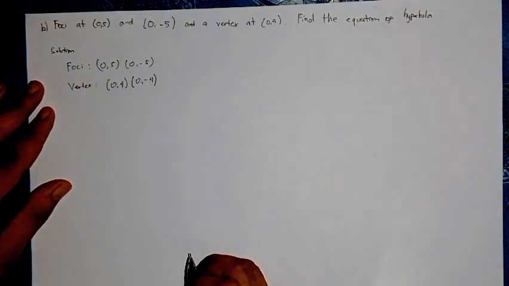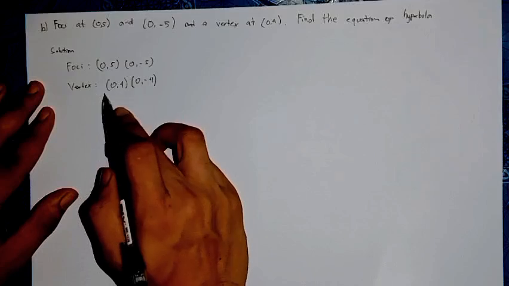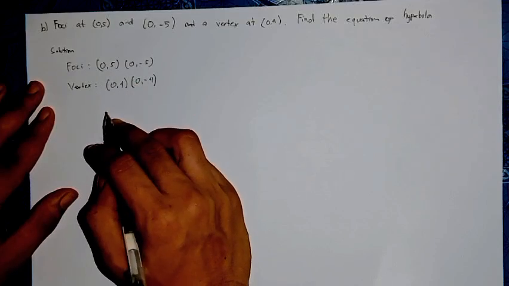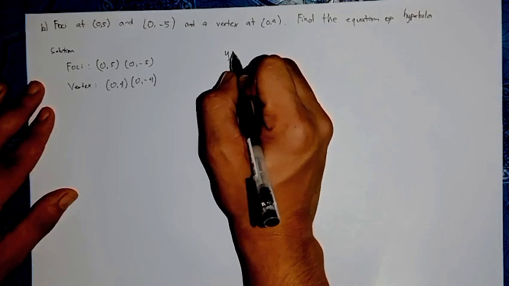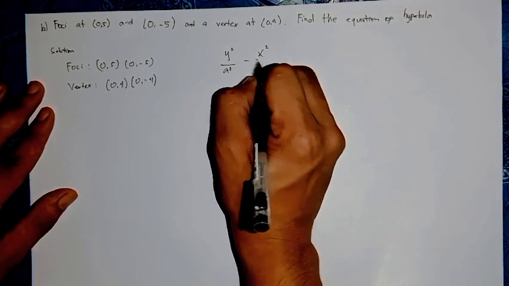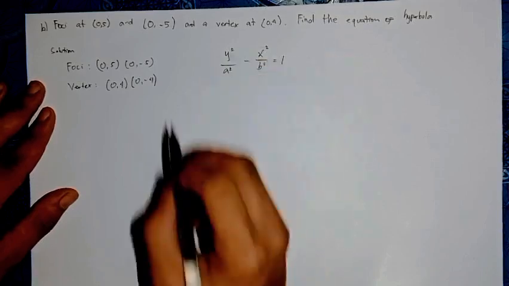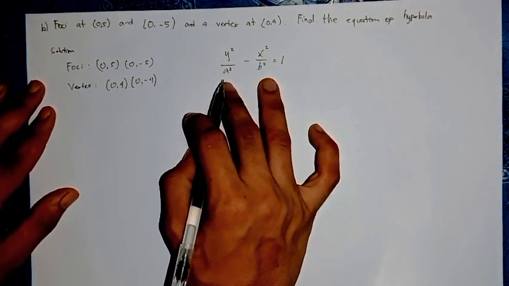Now, as you notice, the foci and the vertex lie on the y-axis, right? Therefore, the equation should look like this: y squared over a squared minus x squared over b squared is equal to 1, and therefore we have a vertical hyperbola.